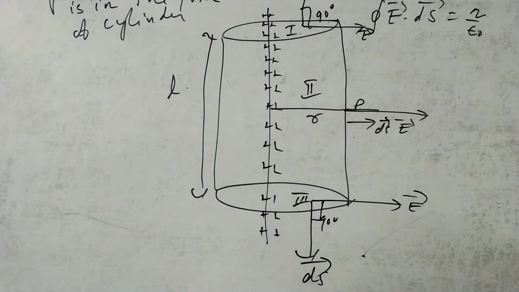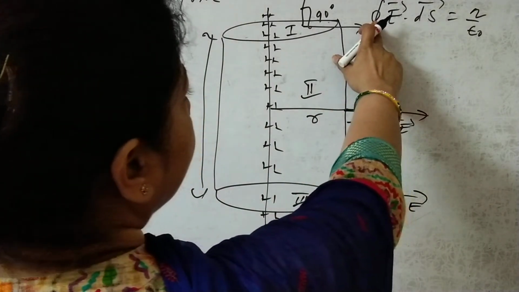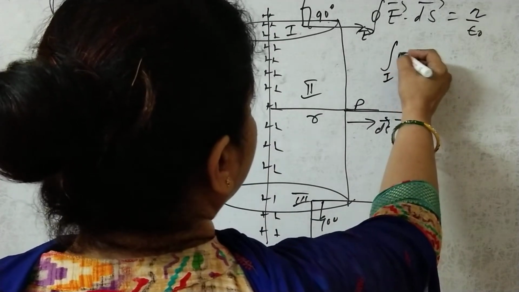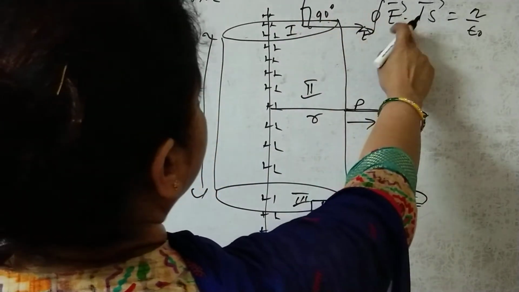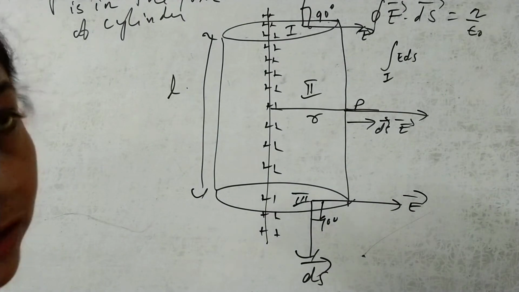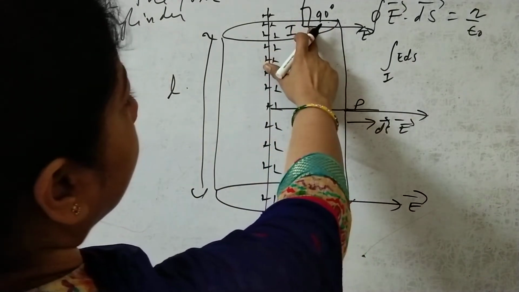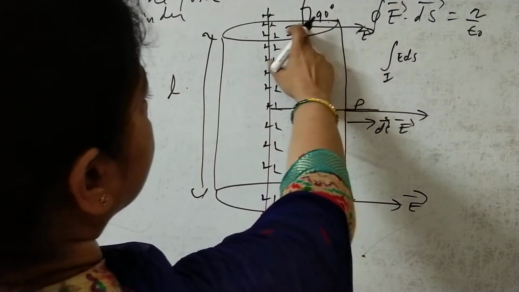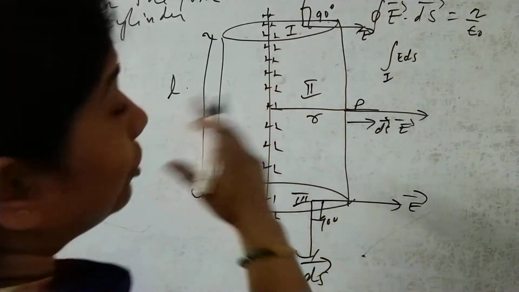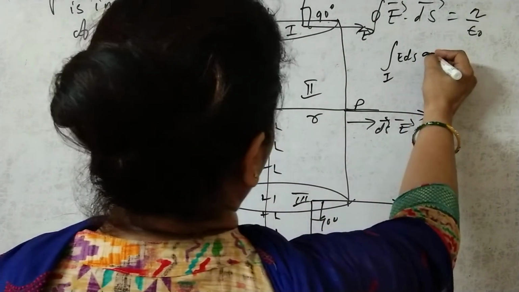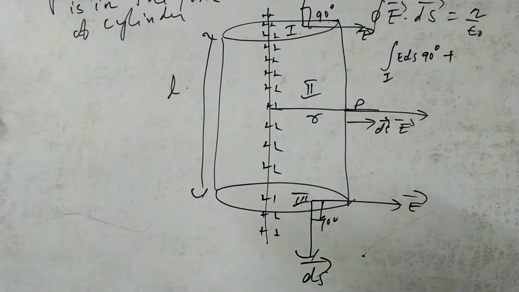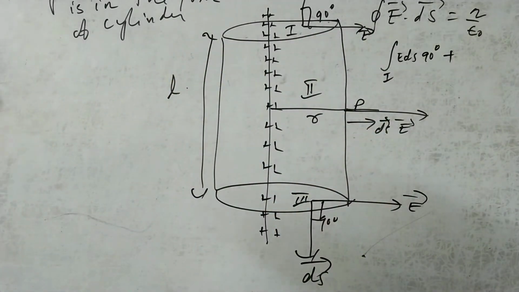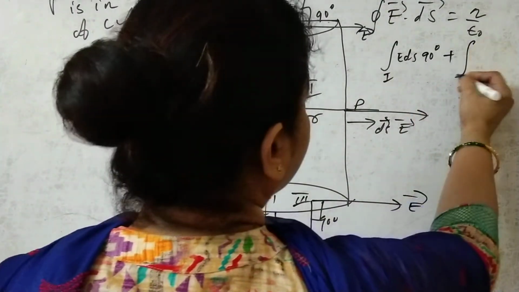This symbol is for the closed integral. For region 1, E vector dot ds vector is E ds cos theta, the angle between the two. This is E and this is ds, so the angle between them is 90 degrees, plus. Now look at the curved surface, region 2.